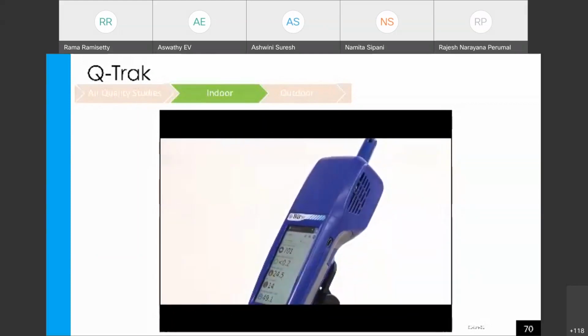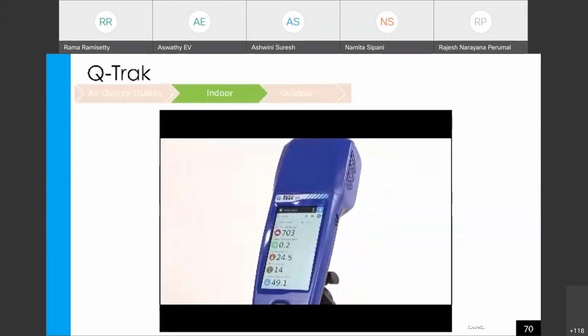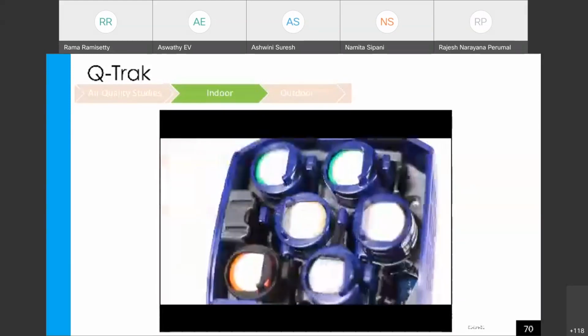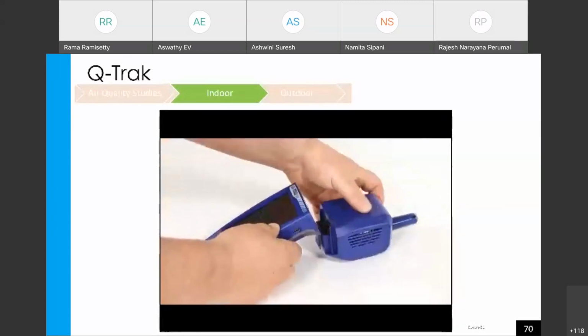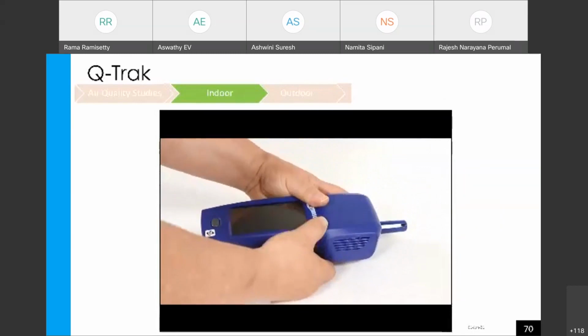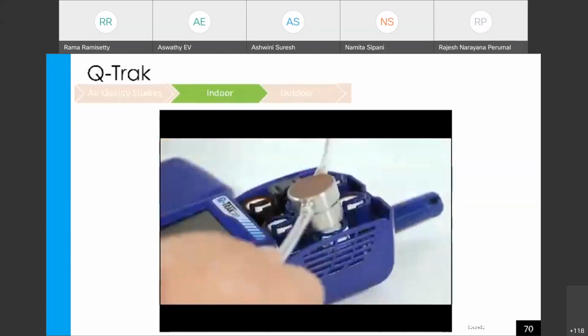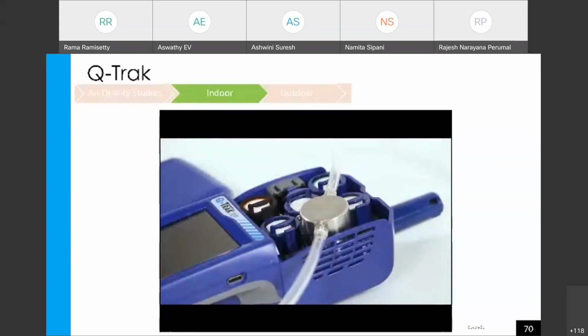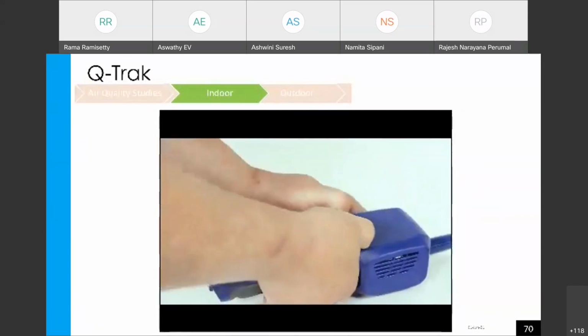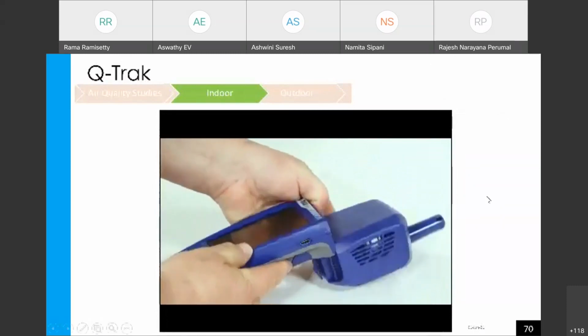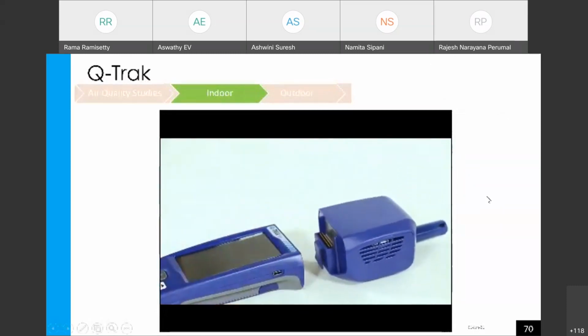The Qtrack XP Indoor Air Quality Monitor was designed with flexibility in mind. Pick and choose the sensors you need and simply snap them into place. You can also swap out the entire sensor module for another preset module. Each sensor can be quickly replaced and calibrated in the field, giving you on-the-spot control over survey parameters. The removable sensor module reduces downtime for service, so you can keep your Qtrack monitor running without interruption.